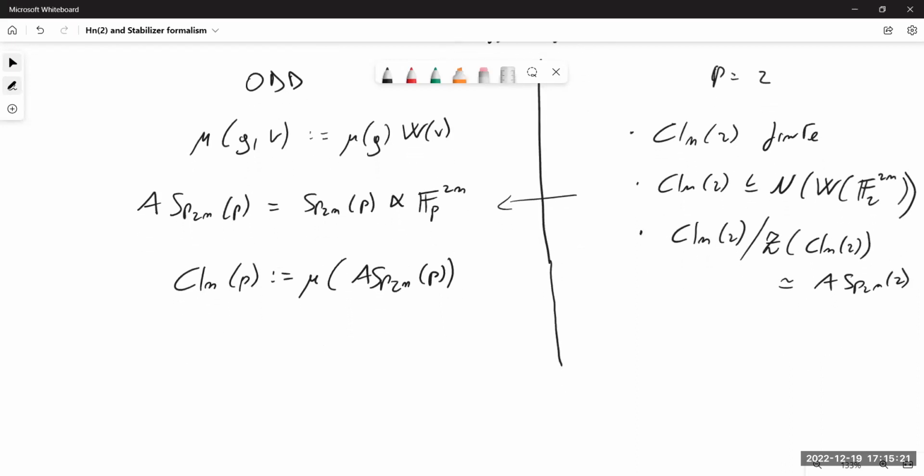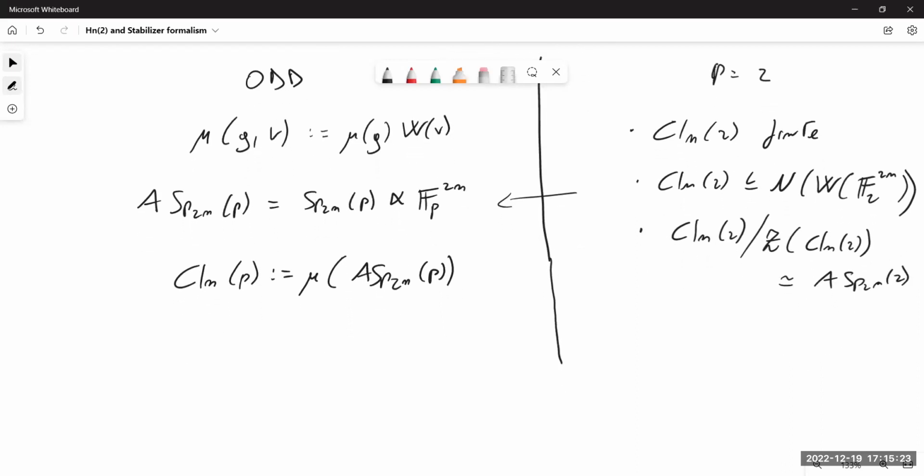And now the interesting thing is that when you have all these properties, then what you get is a structure that is kind of similar to the odd case, namely if you take the quotient of the Clifford group with this group here, this is just the symplectic group again.